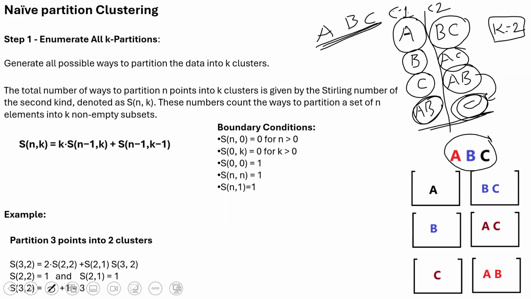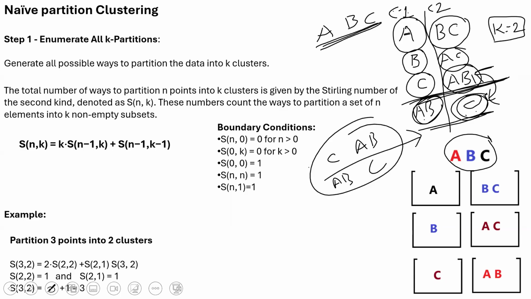If you look at these two, they are the same grouping. Differentiating them is the same, right? C, AB is nothing but AB and C. So you don't need to consider them as different. In one cluster you are keeping C, and in the other cluster AB, right? So this is void, not applicable. So the number of possible enumerations with three different items is only these three.